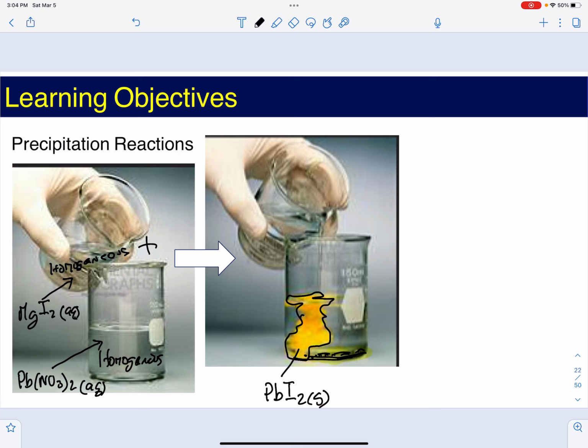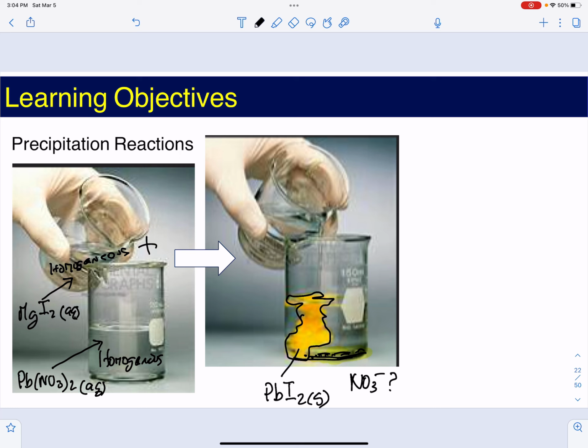As you notice, I didn't even mention the nitrate. So what I just told you with the magnesium iodide and the lead nitrate producing the lead(II) iodide is what is actually happening. The nitrate is not really important here.